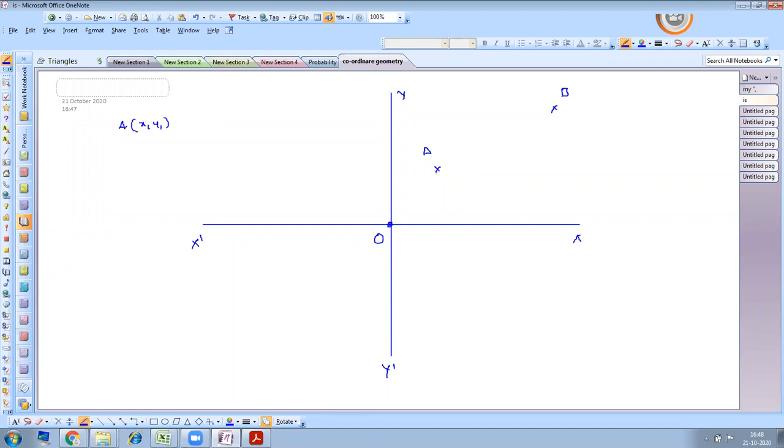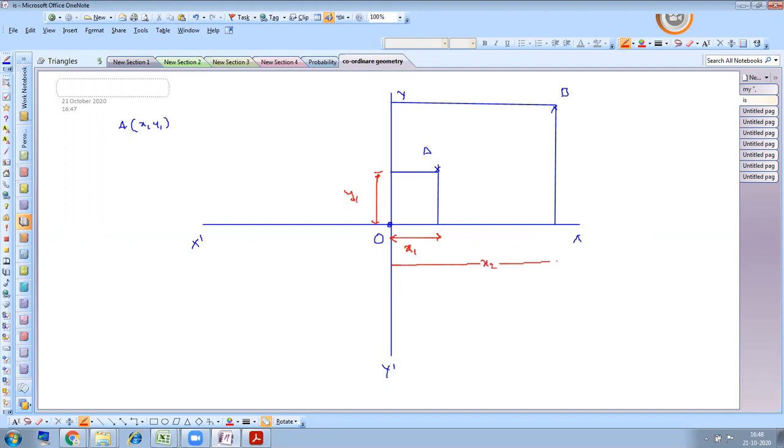If I draw lines perpendicular to the respective axes, this distance is x1, this distance is y1, and B represents x2, y2.